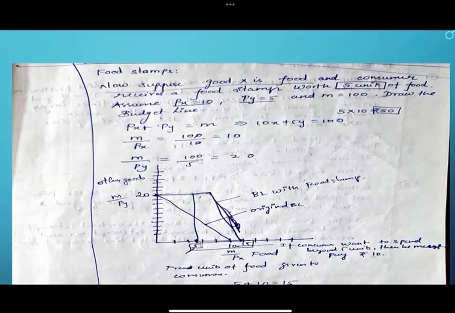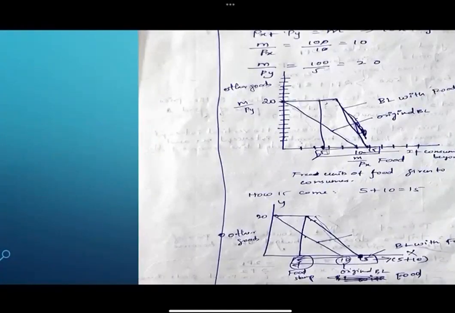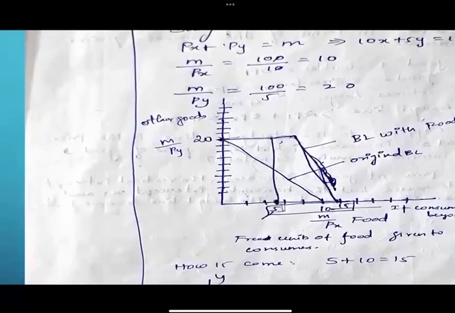Just plot the point 5 comma 20. How will you plot 5 comma 20? 5 is good X and 20 is the other good Y. Just plot it near 20 and 5 and join the line.